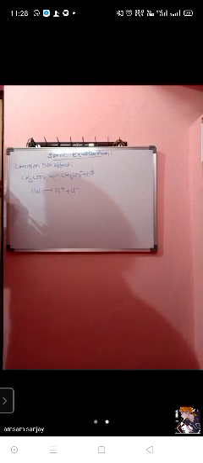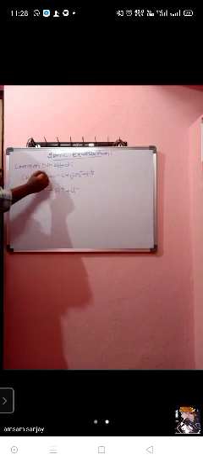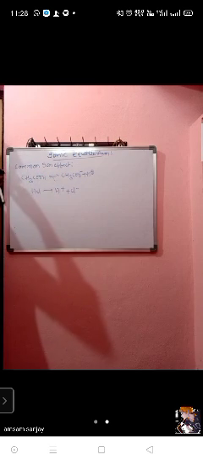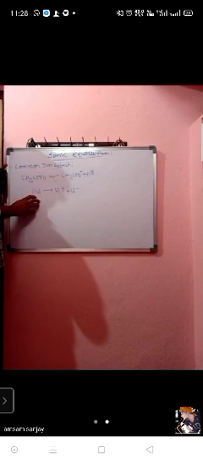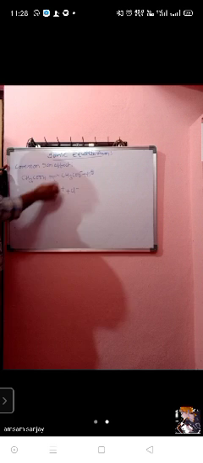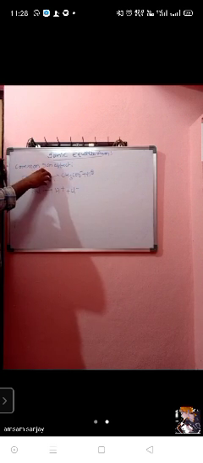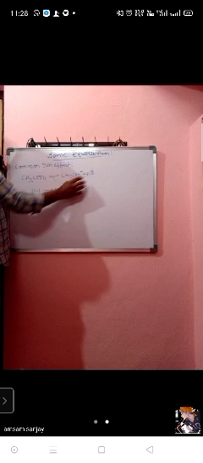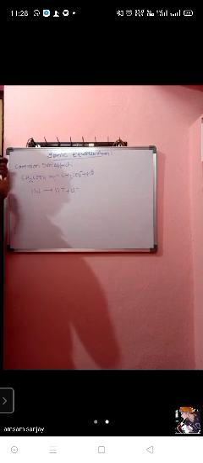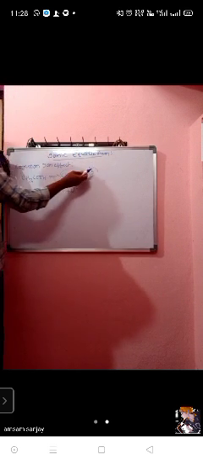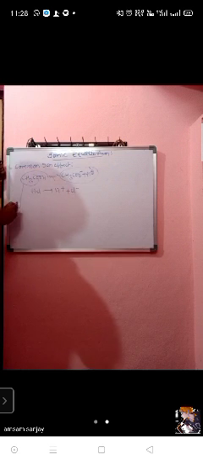See, for a weak electrolyte the degree of dissociation is already less. When I add a strong electrolyte with a common ion, then the backward reaction takes place. Because when I add HCl, the product side has H plus, I am indirectly adding more and more of it. Then the backward reaction occurs and this decreases.